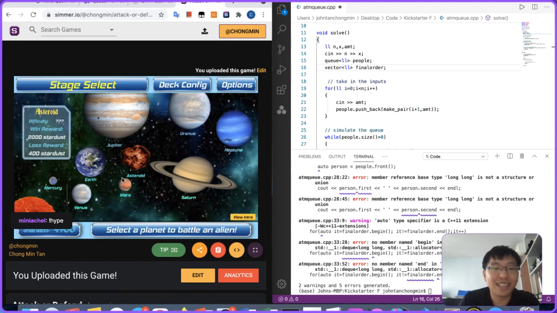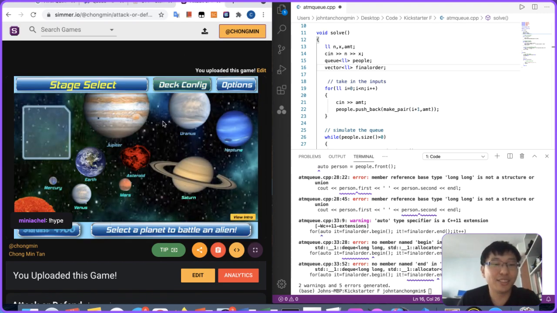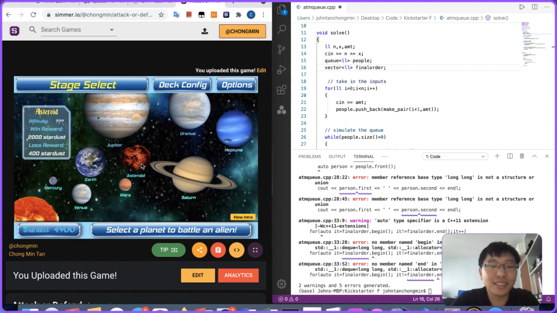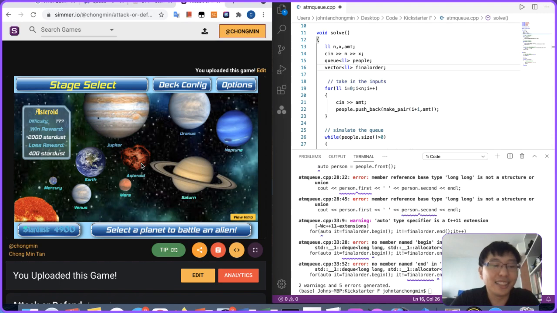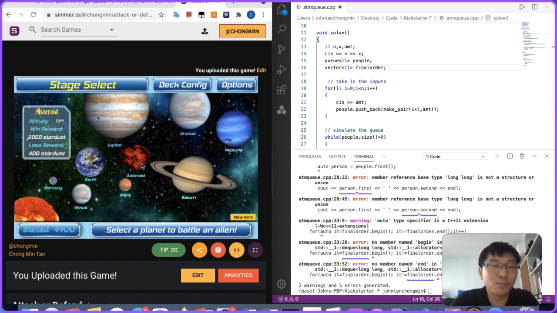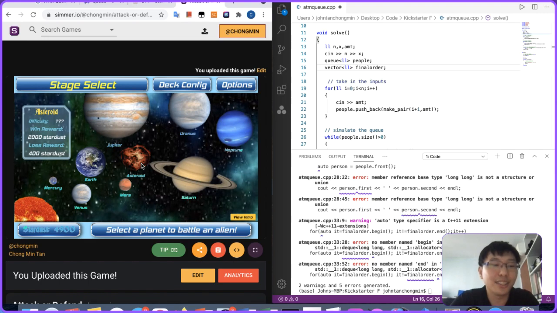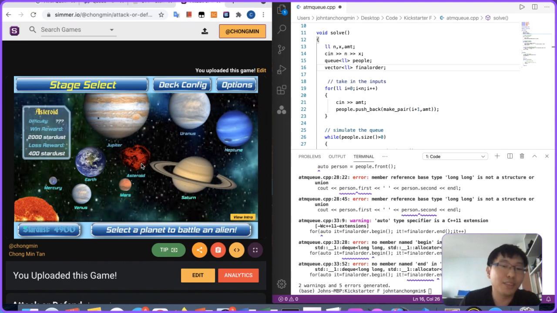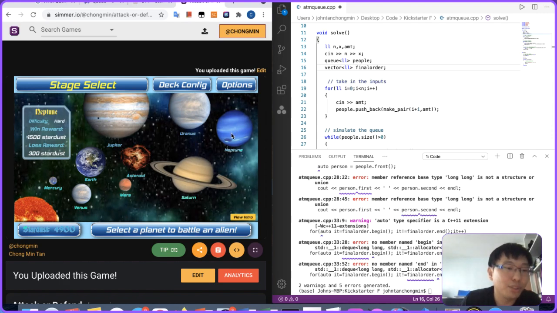I actually kind of like it. Oh shit, I revealed the secret. So for the viewers here, you can see that actually this asteroid is a secret. By right, there's only 9 planets, but then I decided to make a super big bad boss. So the asteroid is like 3 times more difficult than the hard mode. Neptune is hard mode.